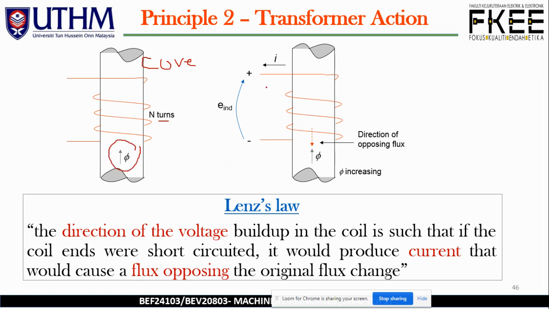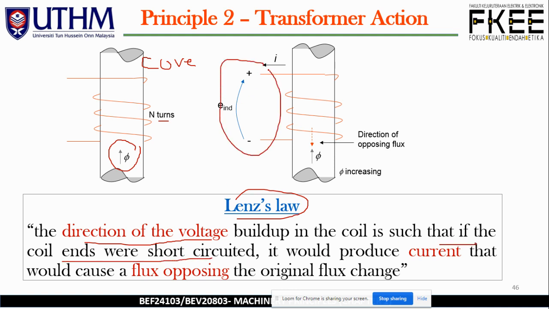So what happens according to Lenz's law? The direction of the voltage built up in the coil is such that if the coil ends were short circuited, it would produce current that would cause a flux opposing the original flux change. This is the original here, the increasing flux.